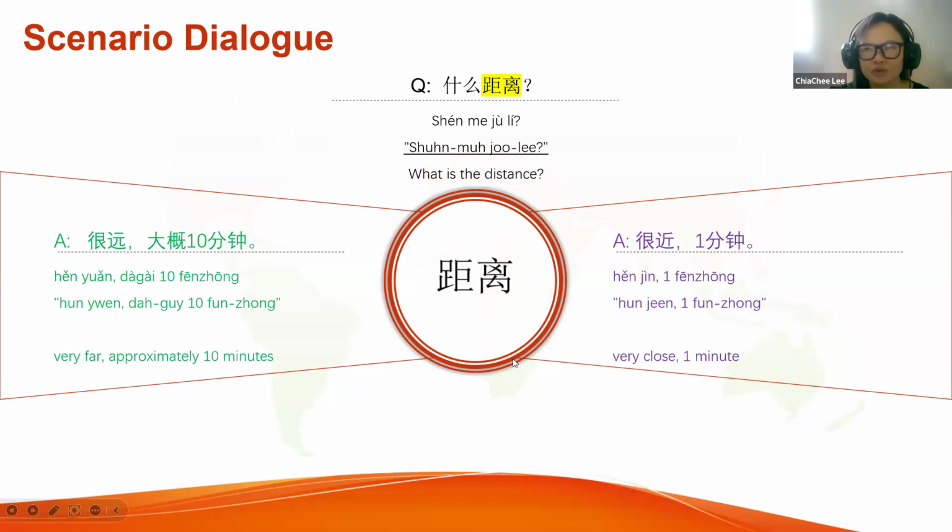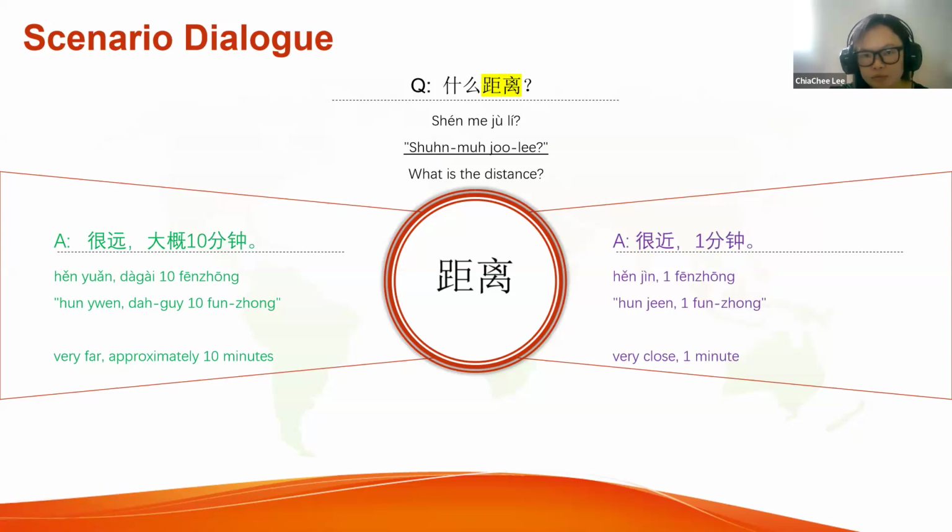Also for 距离, 什么距离 we can use the time. We can use 分钟, like 什么距离 we can say 很远, 大概要10分钟, 10 minutes. Okay, let's say 100 meters is 1 minute.